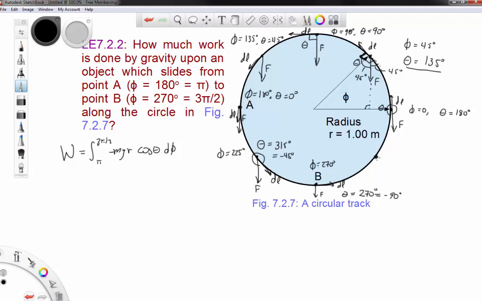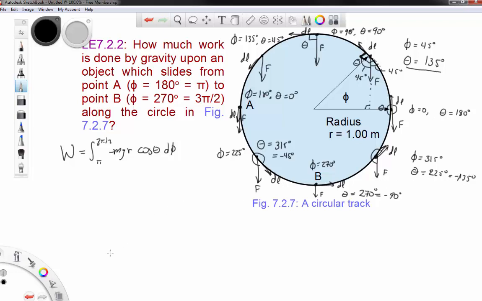Last but not least, we'll put in one here. F is here. DL is here. And then here's our angle. So we have phi equals 315 degrees. Theta, in this case, is going to be equal to negative 135 degrees, or positive 225 degrees.